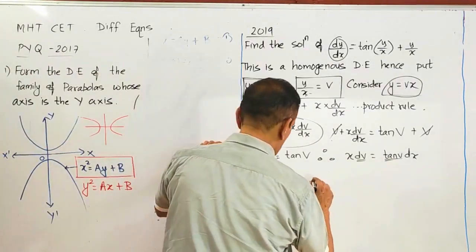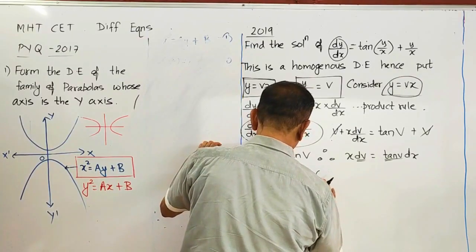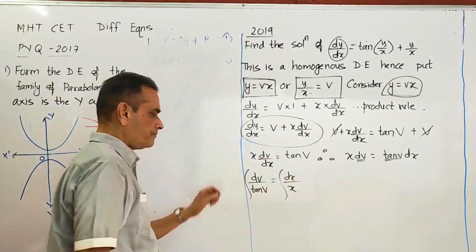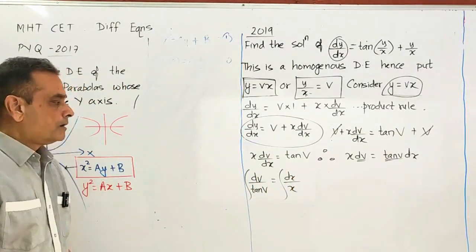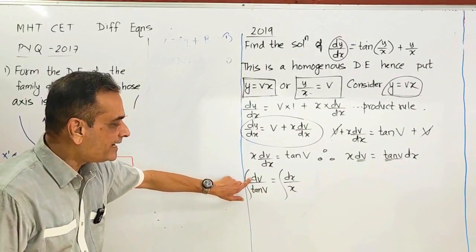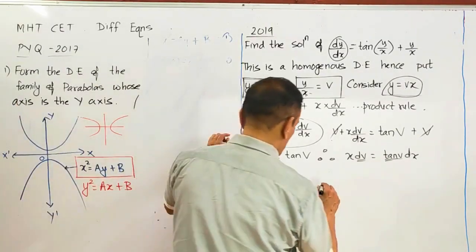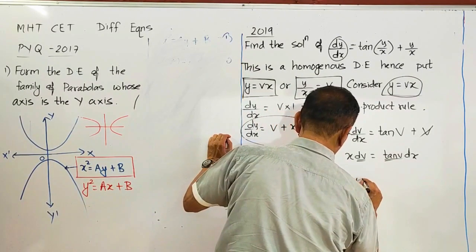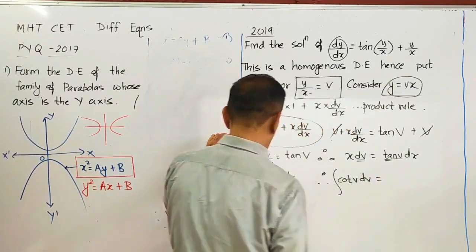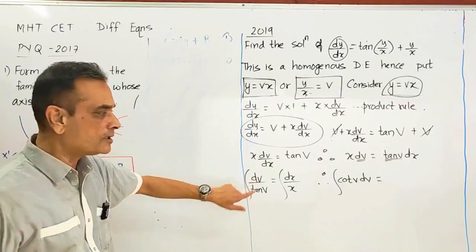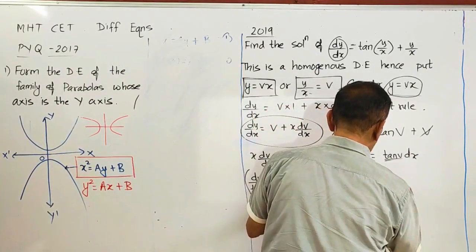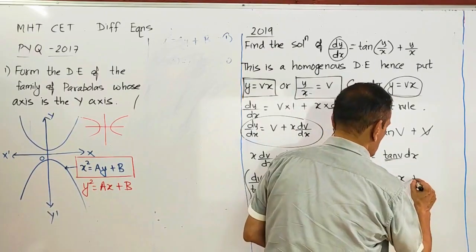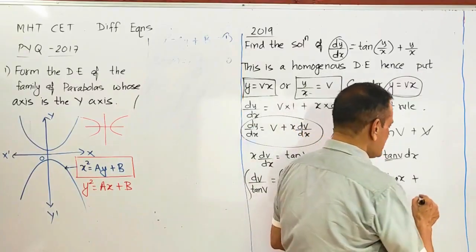Now integrate both sides. I'll save space. One upon tan goes in the numerator as cot. dx upon x is log x plus, for now I am writing c.